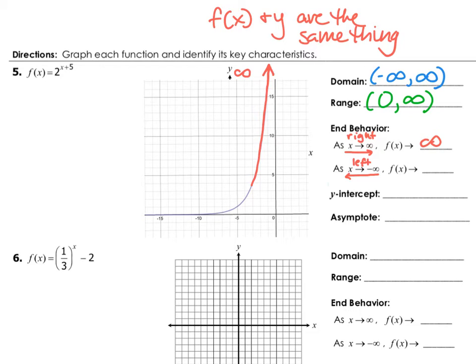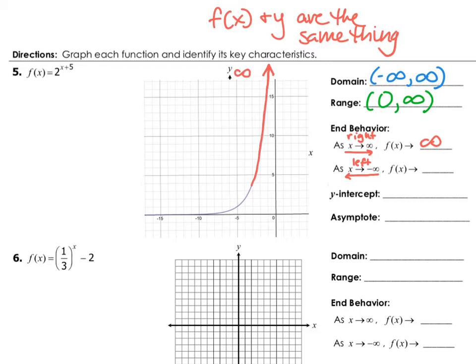However, if we are moving left along the graph as x approaches negative infinity, notice how y is not approaching negative infinity. If y were approaching negative infinity, it would be heading down, increasingly descending, but it's not increasingly descending.